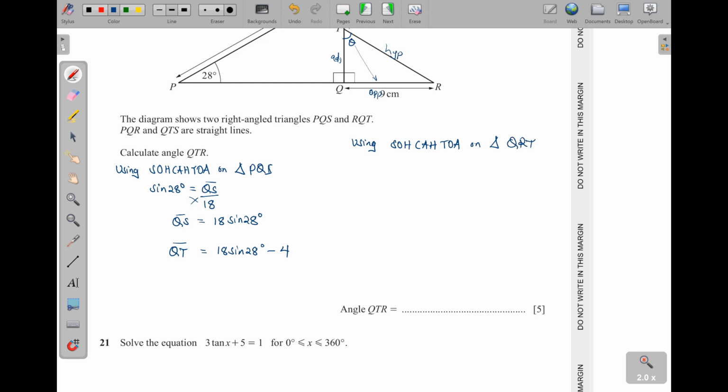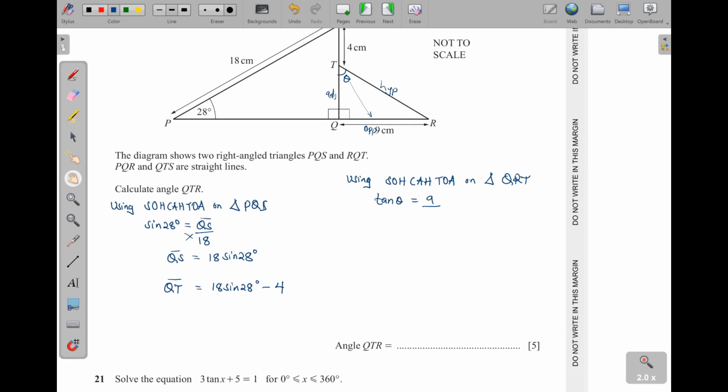We are going to have tan of theta equal to the opposite, which I know as 9, over the adjacent, the QT we have gotten, which is 18 sine 28 minus 4. So theta is going to be equal to the arctan of 9 over 18 sine 28 minus 4.